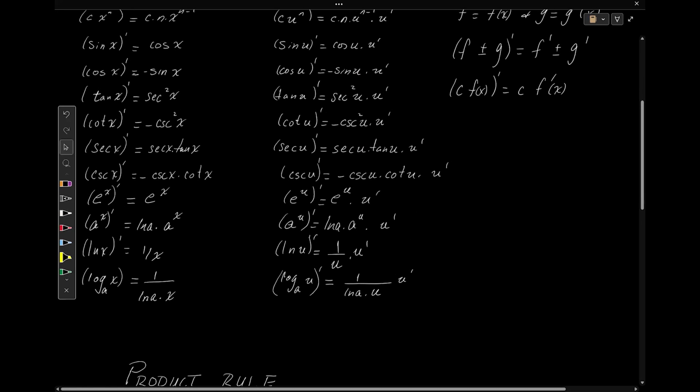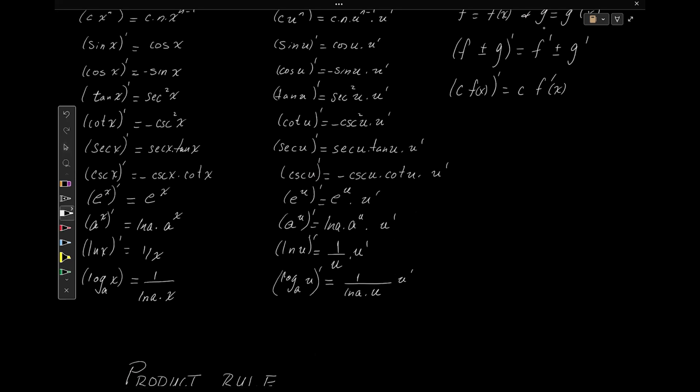Same thing here. If we have an exponential with a base e, it's done one way. With a base a, it's done another way. There's an extra ln of a right in front. If it's the natural log of a function, it's very simple. It's the derivative of the argument over the argument, sometimes written as u prime over u.